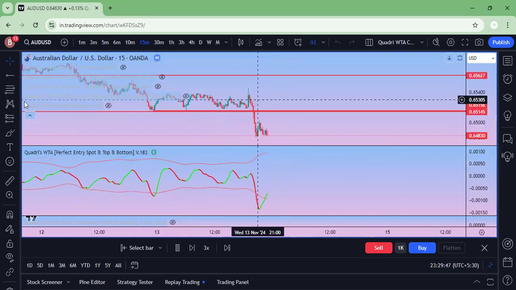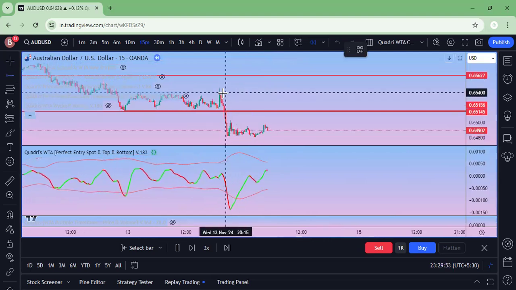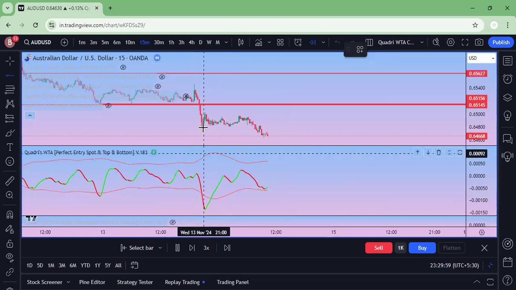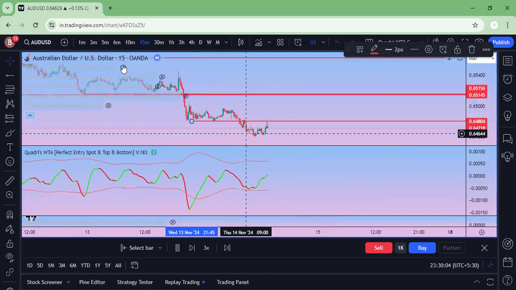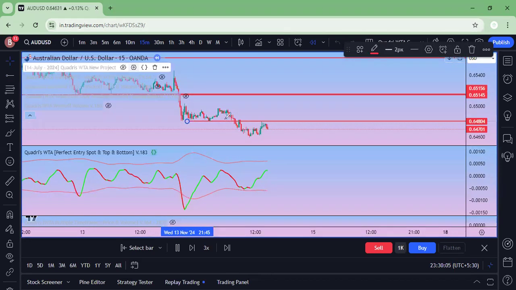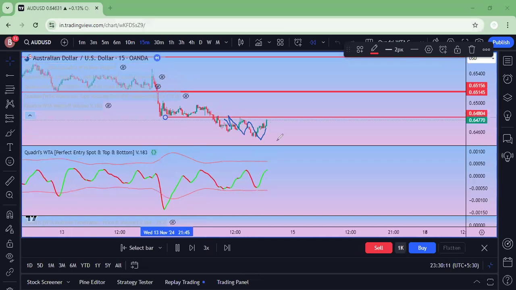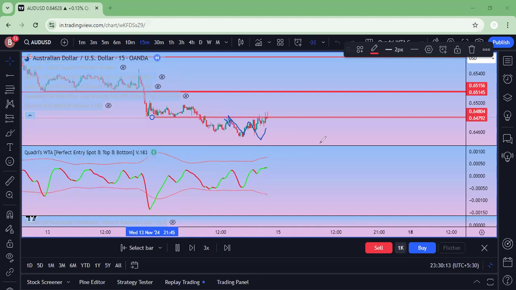This is the manipulation which I always talk about in my code. Look, they make the market look like we are going to go upwards, they entice buyers, and they take the market upwards. Now here I've drawn this thing. See the beauty. Broken down, test, and then again a test, and then price is fluctuating here.